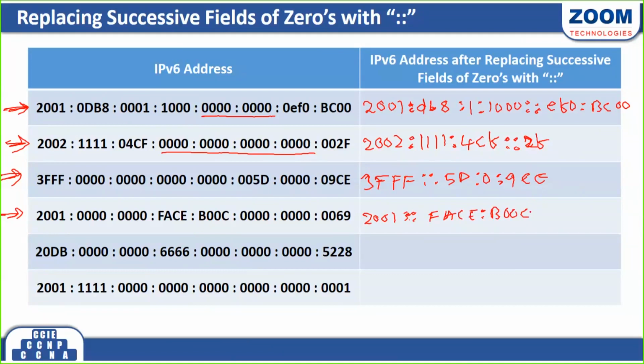No, colon 0, colon 0. Why? We already used the double colon. The rule is only once in an address. So colon 0, colon 0, colon 69.